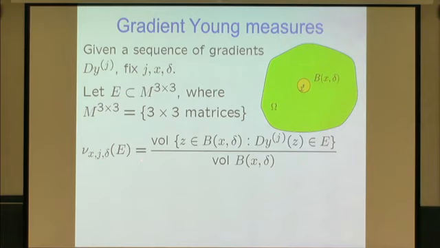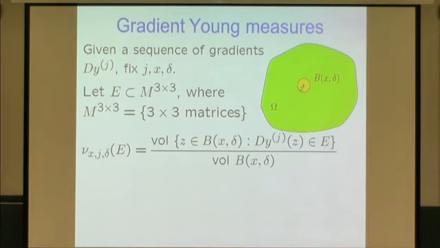Now we get a probability distribution on matrices depending on x, j, and delta, which gives you the probability of finding a particular value for the deformation gradient. The probability that you find a deformation gradient belonging to the set E is the volume of the points in the ball such that Dy_j of z belongs to E, divided by the volume of the ball.